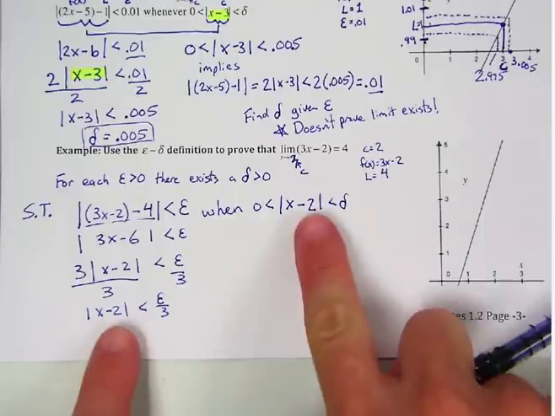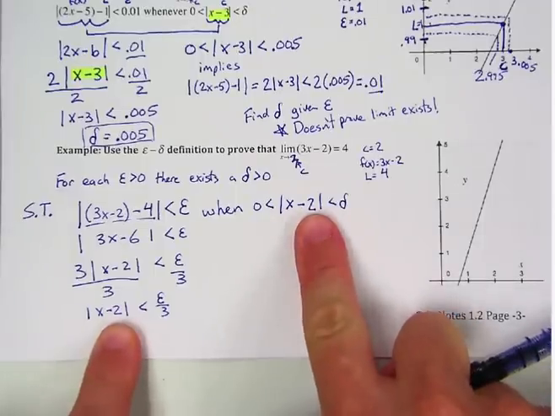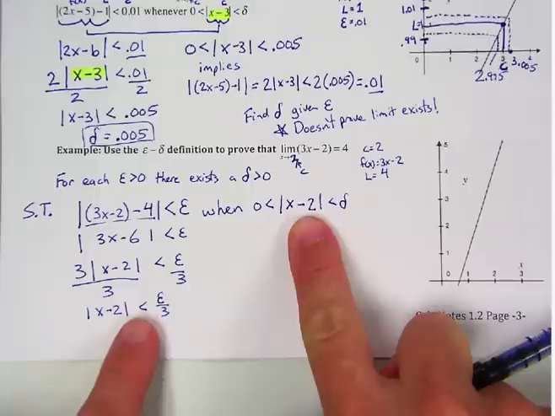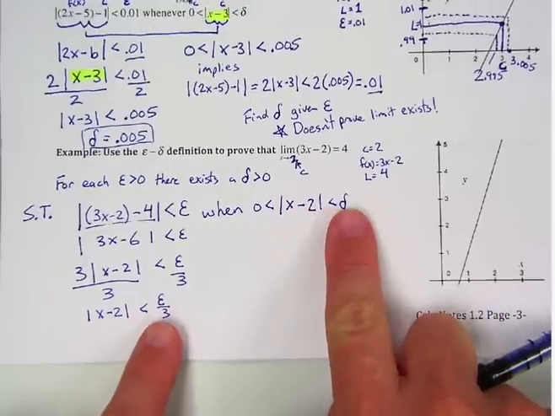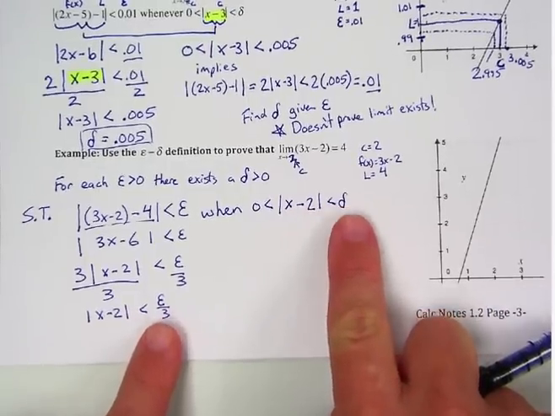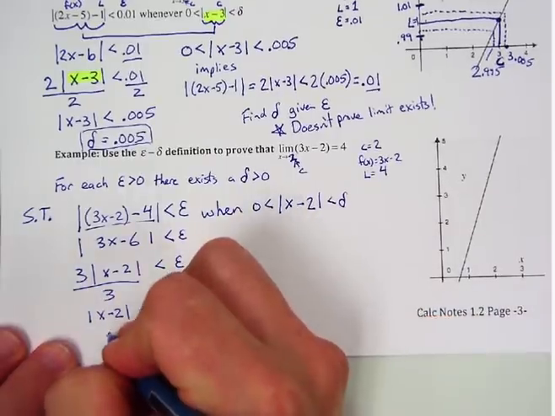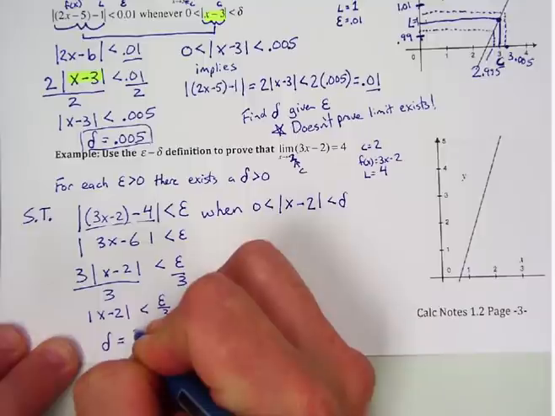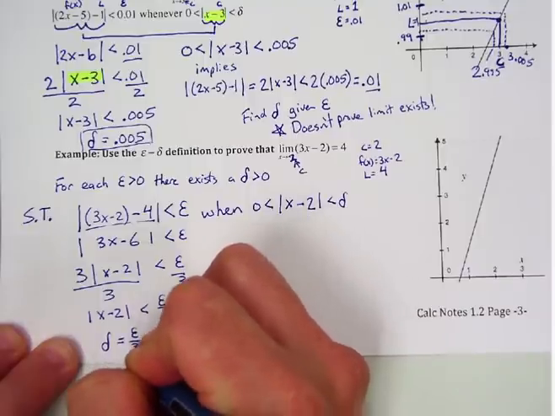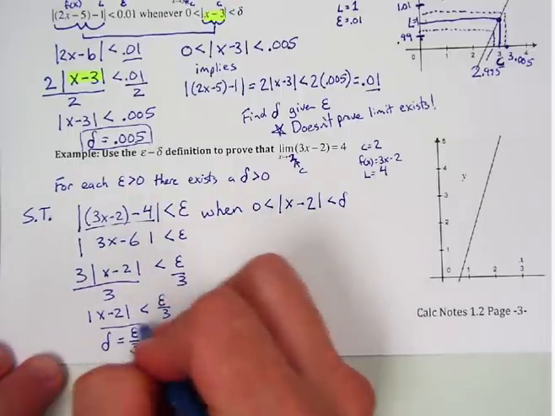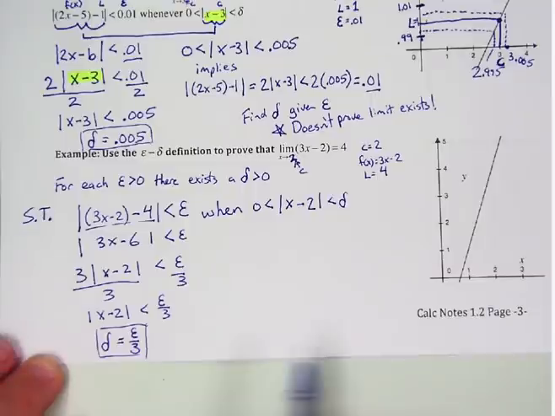Now again, because these two things match, we can say that the absolute value of x minus 2 is less than delta, and so we can equate delta equals epsilon over 3. Now that was just our first step in finding our delta.